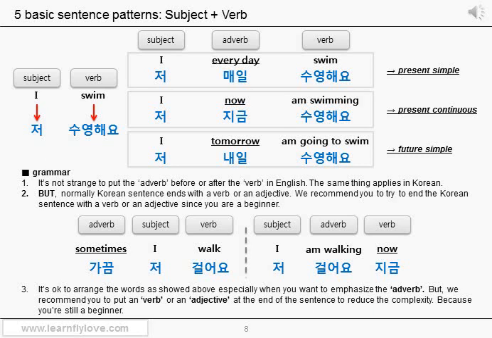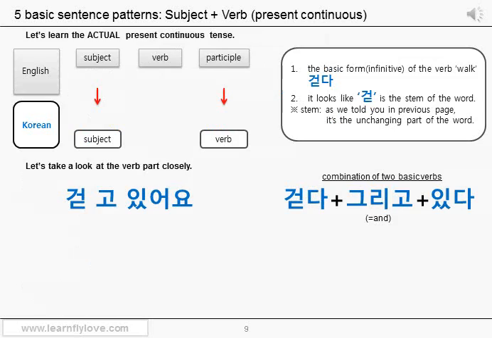It will make it a lot easier for you to learn the sentence structure of Korean. From now on, let's say Korean sentences start with a subject and ends with a verb or an adjective. Period. Let's move on. Do you want to learn present continuous too?